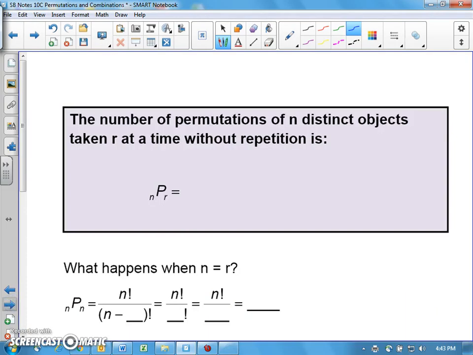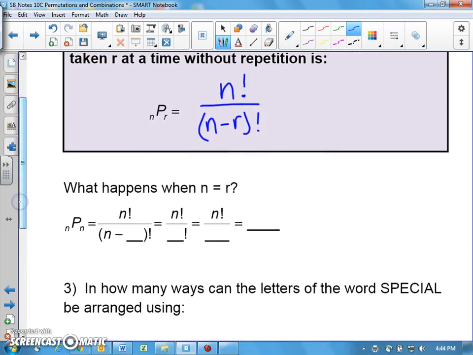So the way we look at permutations is in that way. The permutation of n objects taken r at a time would be n factorial divided by n minus r factorial, because we would need to subtract there. So what happens when n and r are the same thing, like our first example of 3 objects taken 3 at a time?